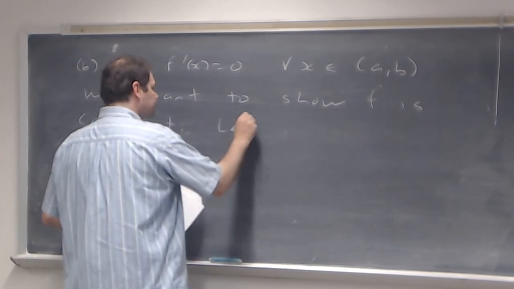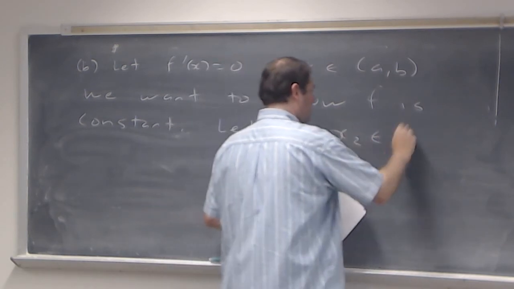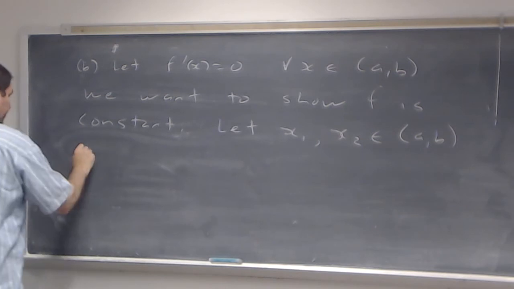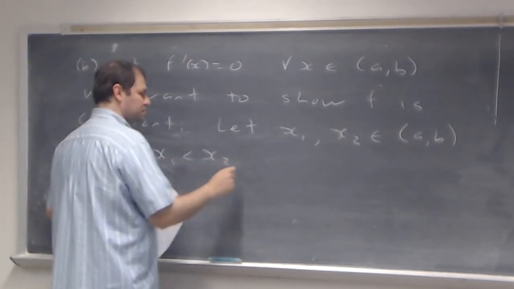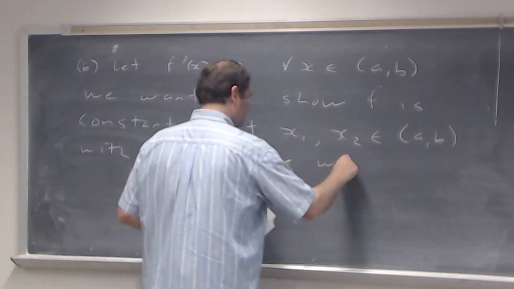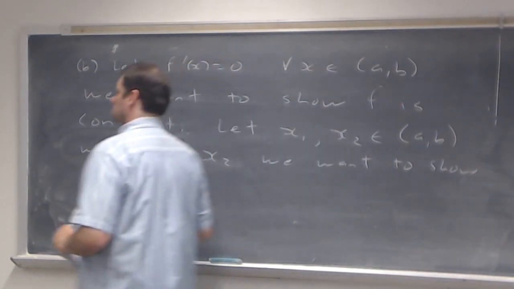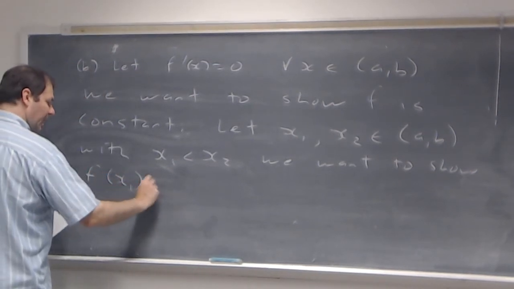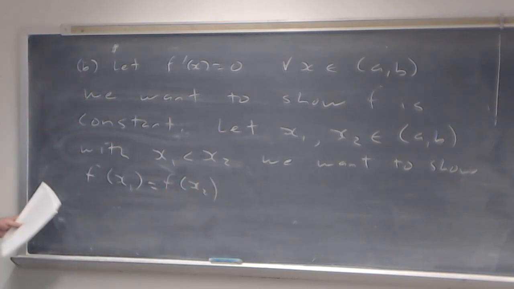Well, let's let x of 1 and x of 2 be element of a to b, with x of 1 being less than x of 2. We want to show f of x of 1, for f to be constant, better be equal to f of x of 2. That's what we need to show.